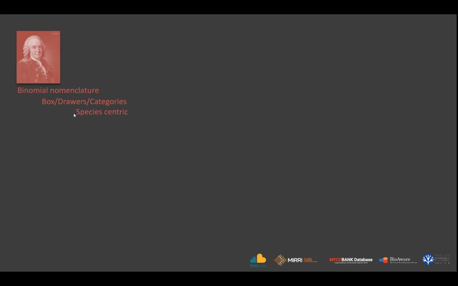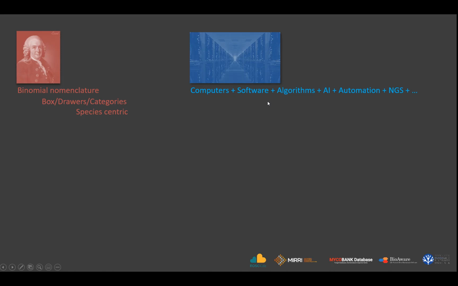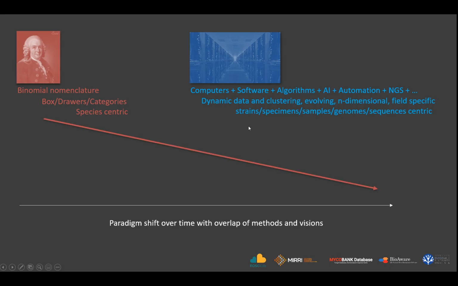For sure, I'm not criticizing this, and it still has a lot of value now, but you can understand that now, with the rise of computers, software, algorithms, artificial intelligence, automation, next generation sequencing, and plenty of other ways to characterize units, whatever the unit is, we are going to a paradigm shift for sure.